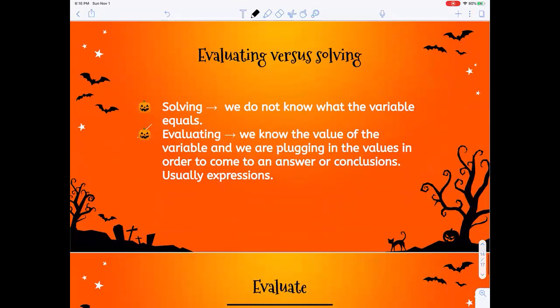An expression could be 5 times x plus 5. That's an expression. An equation is x plus 5 equals 2. There's an equal sign, so this is an equation, and this is an expression.